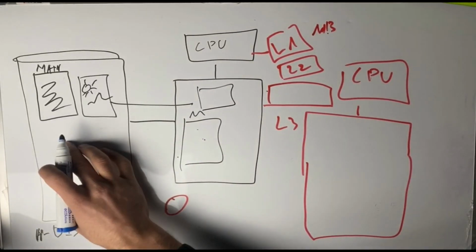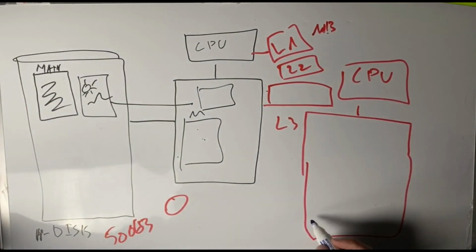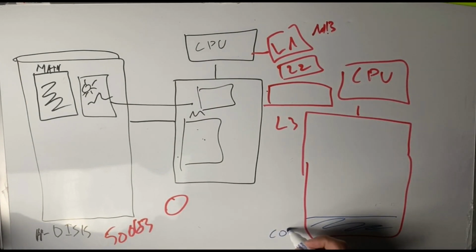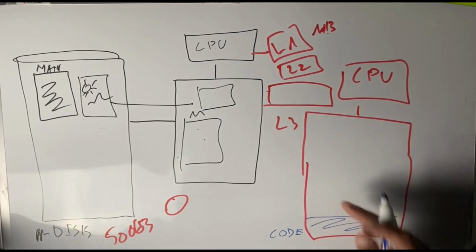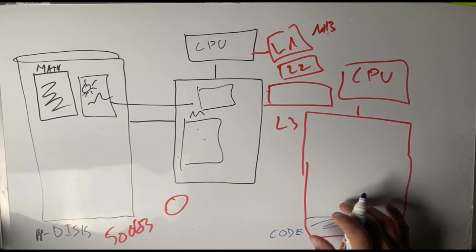So when our program gets copied, we take the instructions and copy them here. This is the code. Of course, this would be in ones and zeros or whatever, but it gets stored right here.